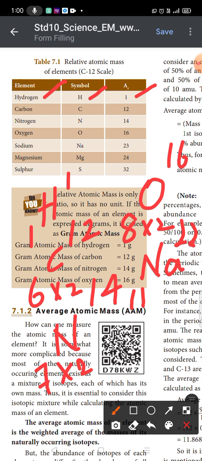We have to add 1. So, 23 is the mass number of sodium. If the atomic number is odd, we double it and add 1.